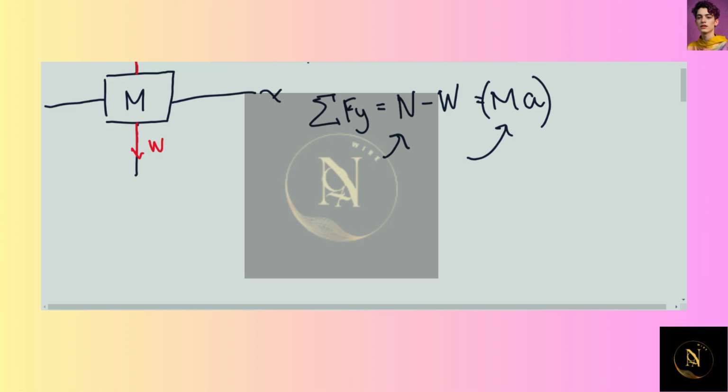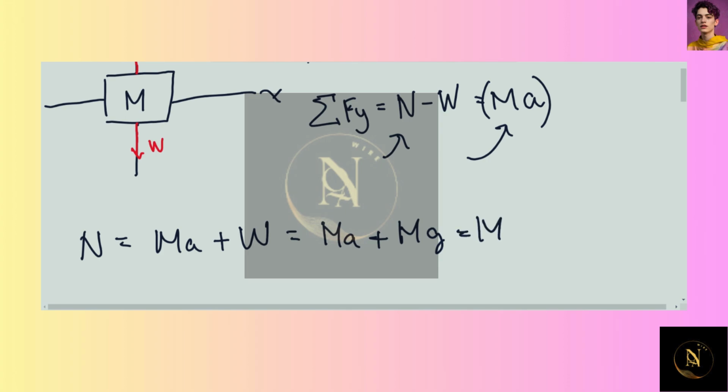So we need to solve for the normal force. So that will be mass times acceleration plus the weight. We know that the weight is defined as the mass of the body times the acceleration due to gravity. We can factorize this as follows.